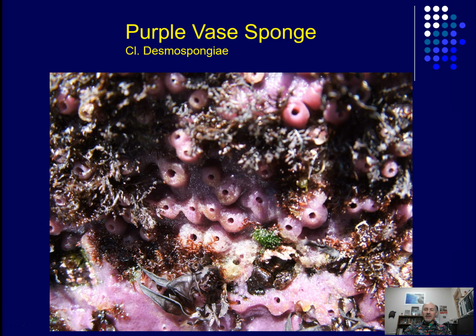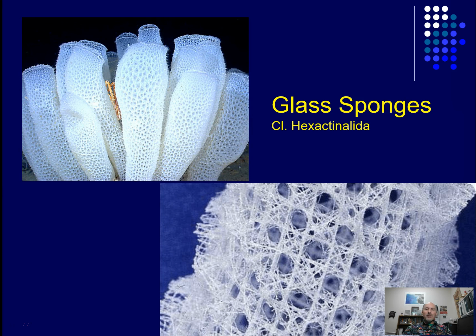All right, now the last thing I wanted to share with you, again, are these really unique sponges called glass sponges. And glass sponges are found in the deep ocean, places where there's not a lot of strong water movement, and so they can create very elaborate internal skeletons using those siliceous spicules that are woven together.